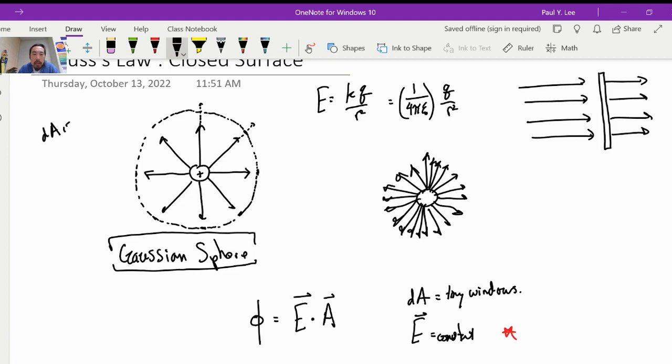Our dA is equidistant from the charge. Okay, and because this is a single point charge, because of this statement, we can say that our E field is constant. What that means is that the E field here and the E field here are the same value, much like the E field here and the E field here are the same values.